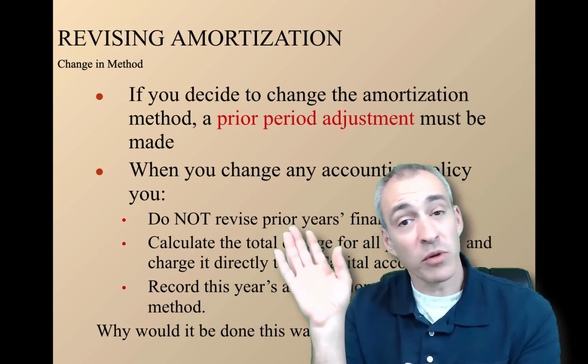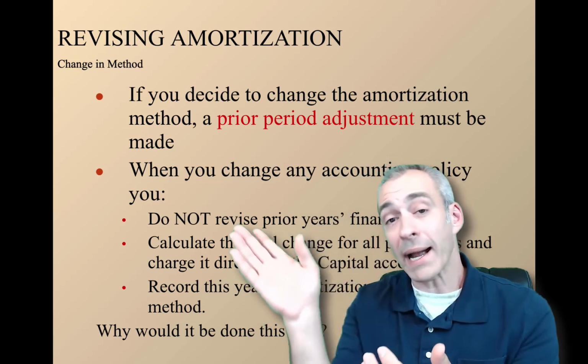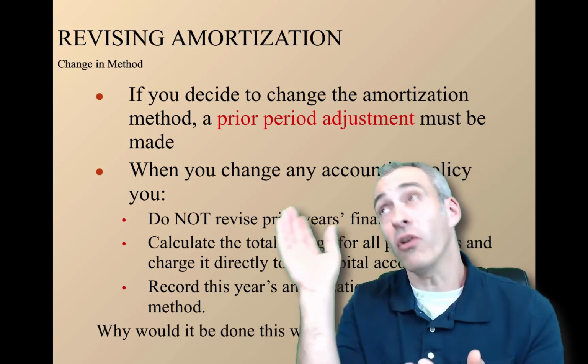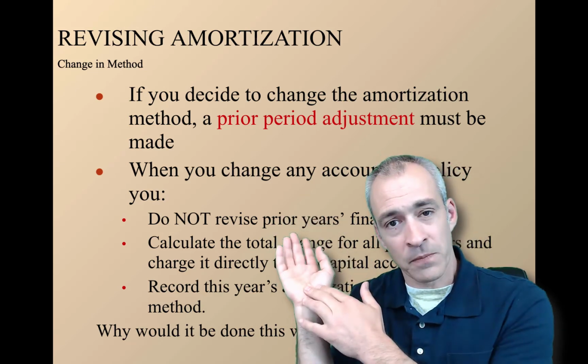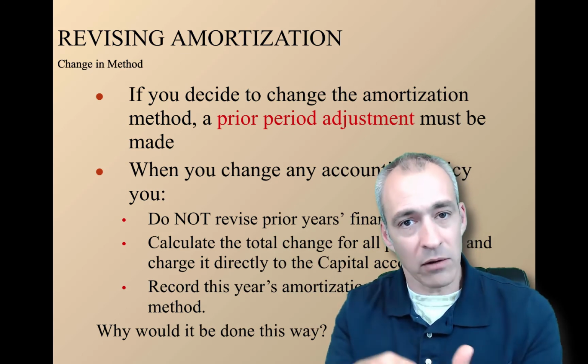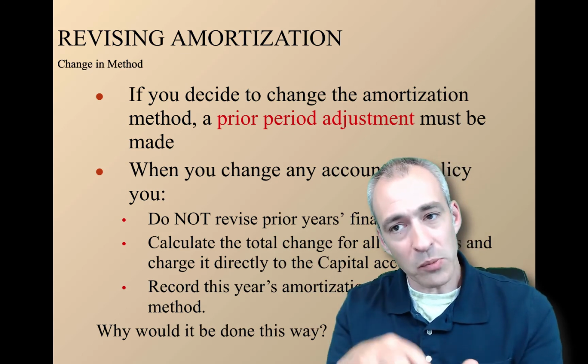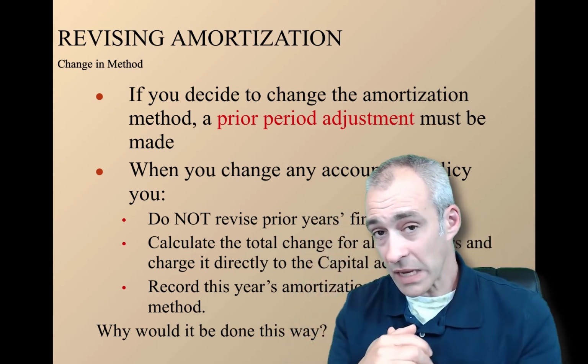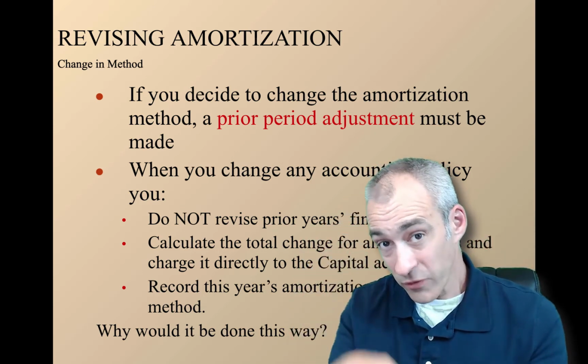You don't change previous year's financial statements. You don't go back into the records, and you don't change this year's expense amount for all that difference from previous years. Instead, you just change the capital account directly. It's called a prior period adjustment. And you show it on the balance sheet, not the income statement, because it doesn't affect this year's performance.